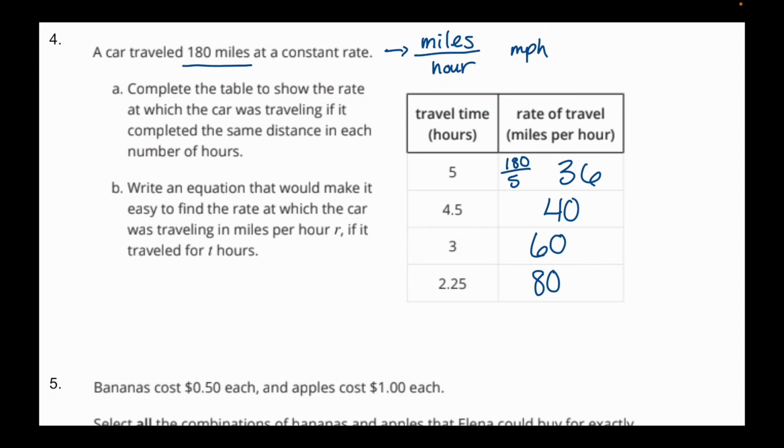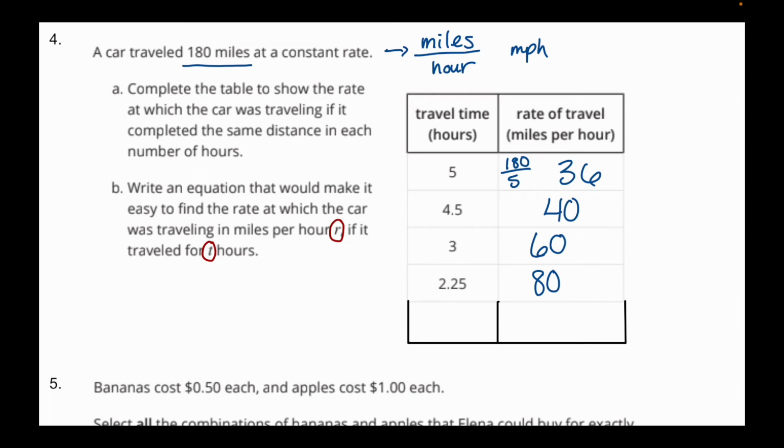Now, we want to write an equation that would make it easy to find the rate at which the car was traveling in miles per hour, r, if it traveled for t hours. So that's just using variables for both instead of giving us a travel time and being able to calculate the other. What you can think of this as, and the way you may have seen it before on some of these assignments, and definitely I know we've had this on some of our tests, is the generalized form. I'm going to add just another box because mine doesn't have a box for it.